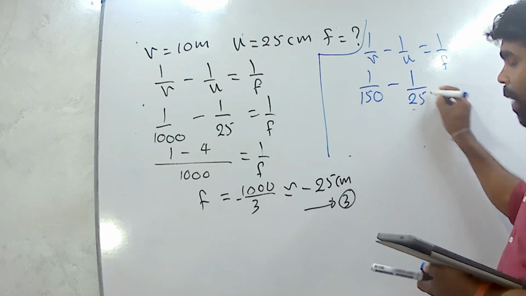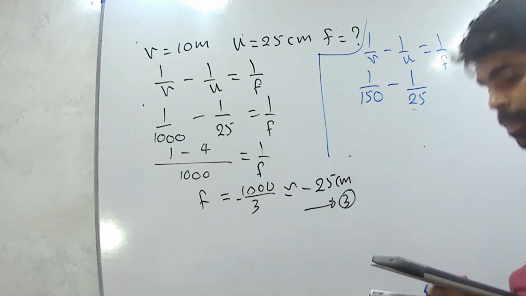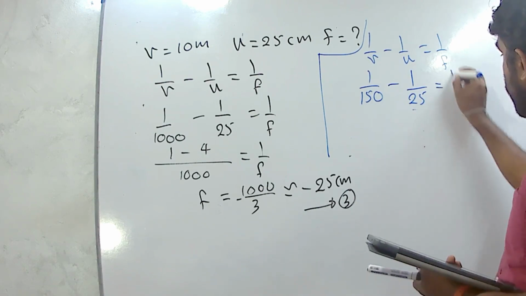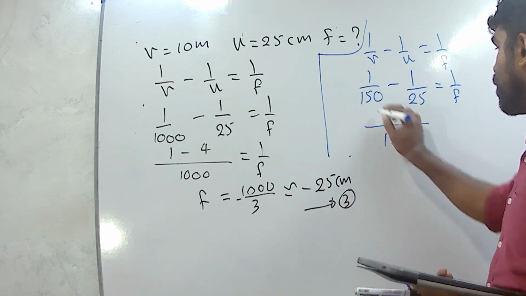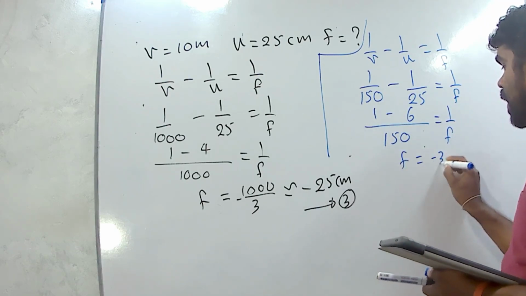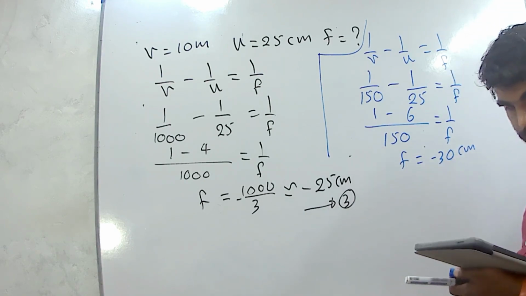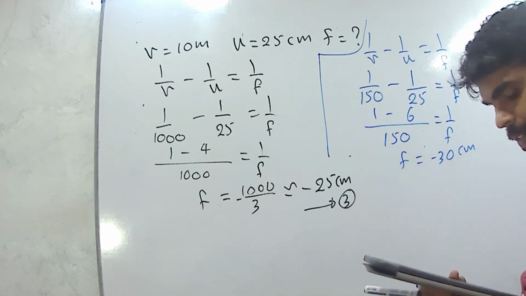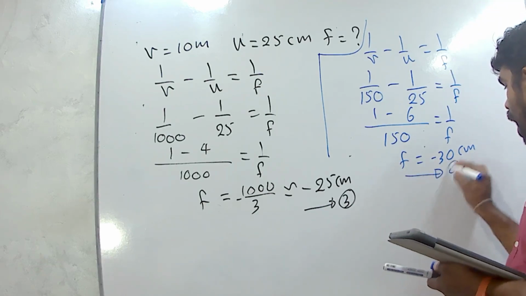U should be 25 because he is using contact lenses to read a book. We have to find the focal length. LCM 150, 1 minus 6. Then f value is minus 30 centimeters. It means he has to use a convex lens with 30 centimeters focal length. Answer is 4.